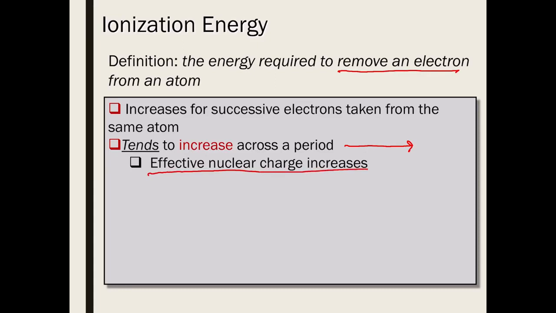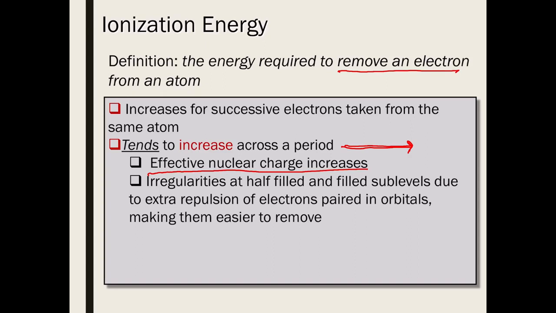We have more and more protons in the middle, which, when we do our effective nuclear charge calculation, will make our effective nuclear charge larger and larger. That means all of the electrons in the atom, especially those valence electrons, are more strongly attracted to the nucleus as we go from left to right.